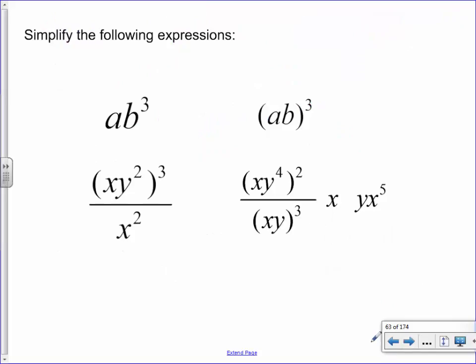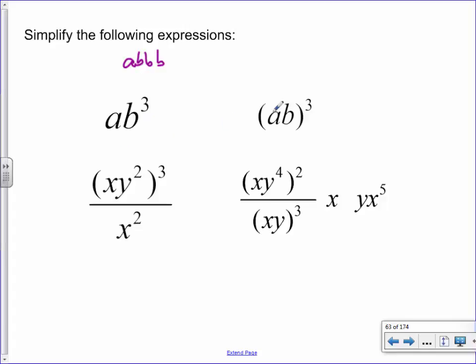So let's do another set of examples here. What does ab to the 3 really mean? Well, it means you have a and then 3 b's. A b b b. You even laughed. Thank you for the pity laugh. Appreciate it. Can you really do much with this first one here?